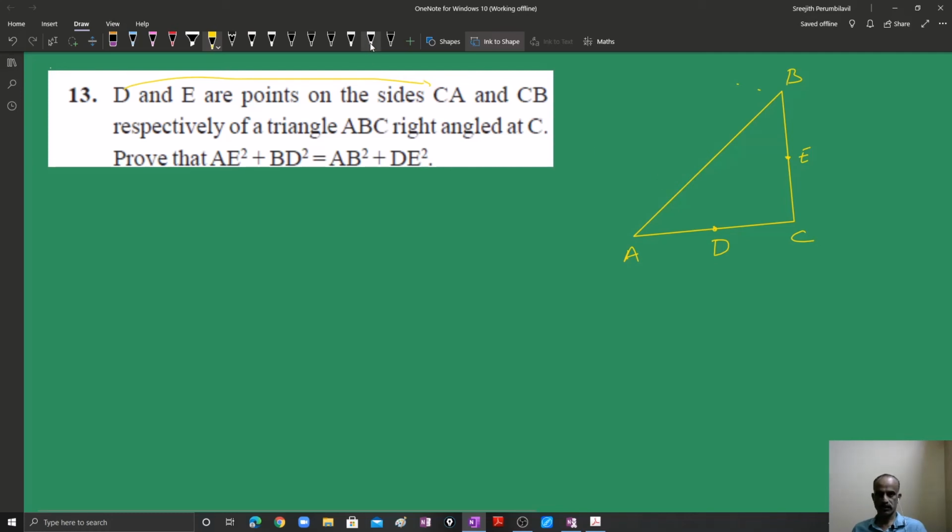Oh, this question is similar to what we did some time back. That was an example. AE square plus BD square is equal to AB square plus DE square.